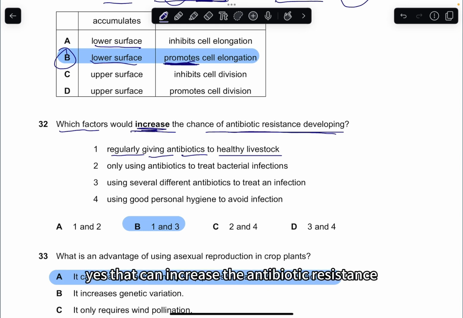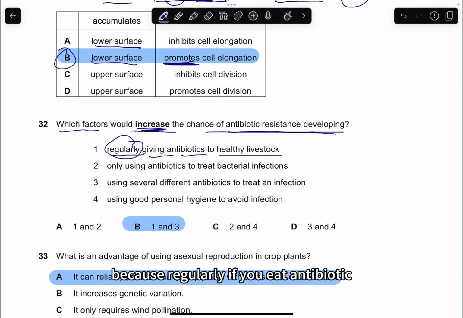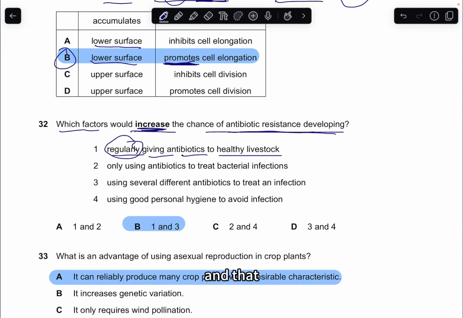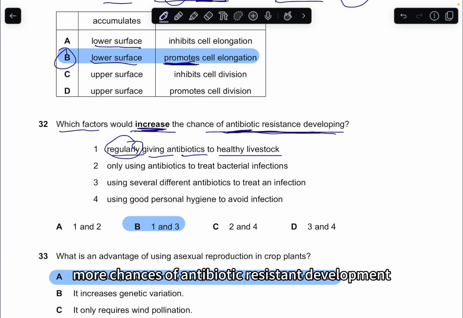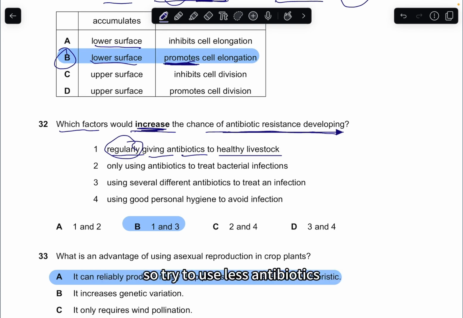Yes, that can increase the antibiotic resistance, because if you regularly take antibiotics, then your own immunity will decrease, and that can cause more chances of antibiotic resistance development. So try to use fewer antibiotics and only when it is required. So the first is yes, because it increases the chances of resistance.